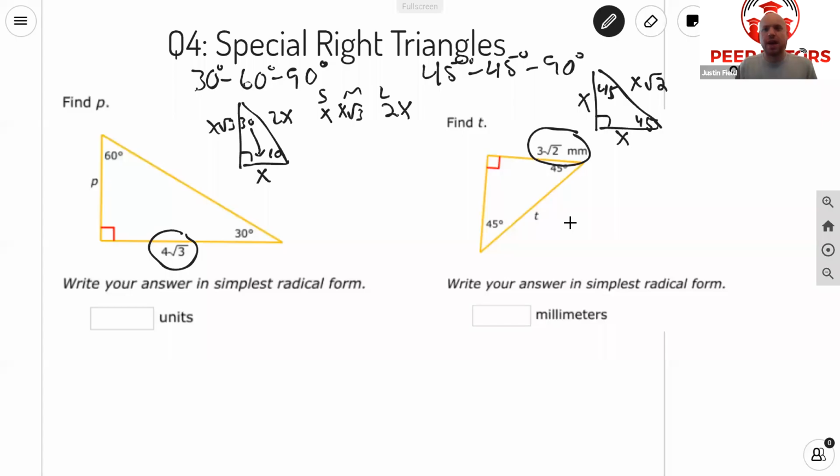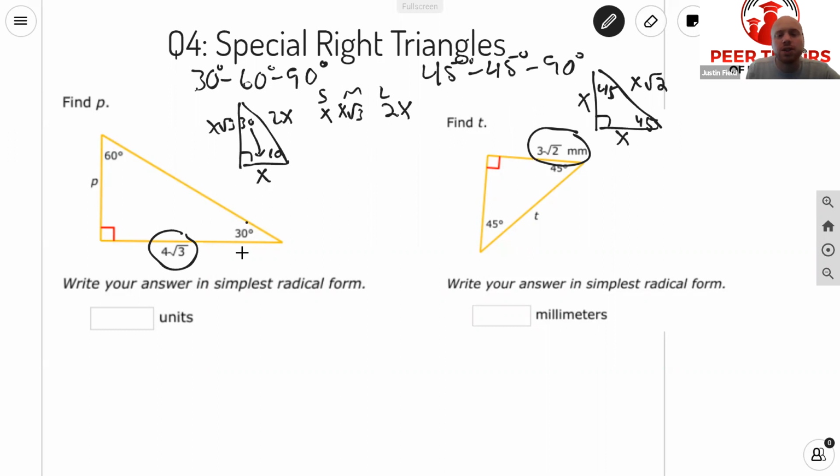All right, so we have our special right triangle formulas, and now we're going to use those to find our other sides, the missing sides. So in this first triangle, it is what type? 30, 60, 90, or 45, 45, 90. Well, you can see 30, 60, 90. All right, so we're going to use this one.